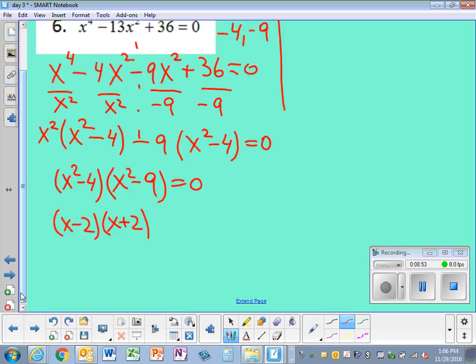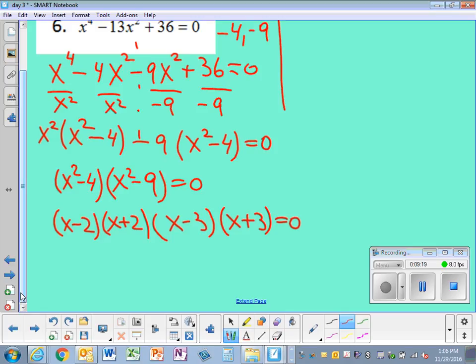And how can I rewrite x squared minus 9? x minus 3 times x plus 3, right? Because this is a binomial with perfect squares and a minus, so it's a difference of squares.